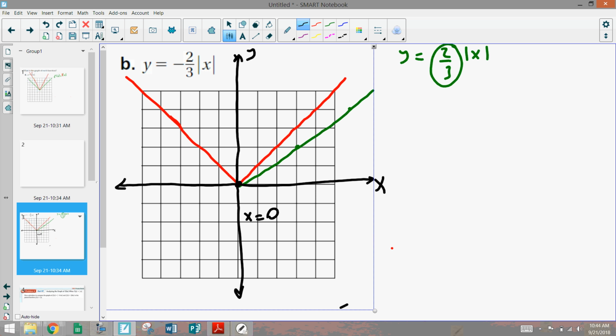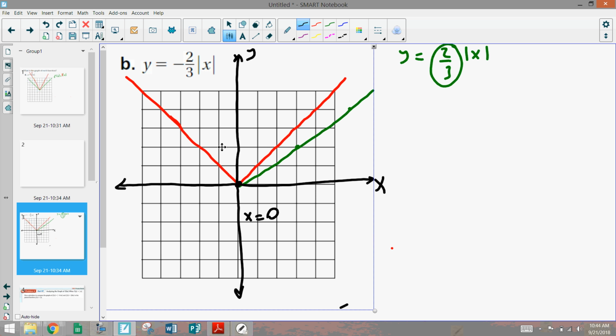Okay. Now what about this negative 2/3? I'm going to continue. So, negative, we're not talking yet. Stay focused. I have completed the right wing, and there are two ways to get the left wing. Either use the axis of symmetry, which is how many units here? 1, 2, 3 from the axis of symmetry.